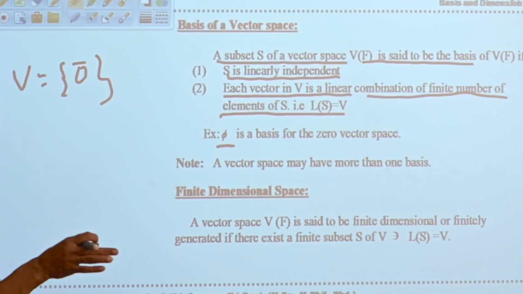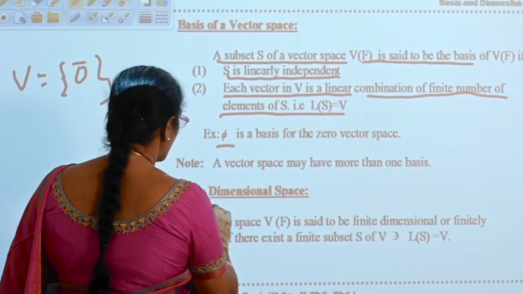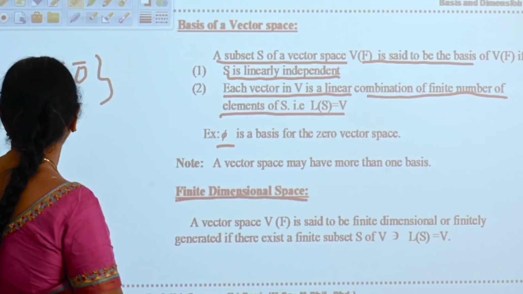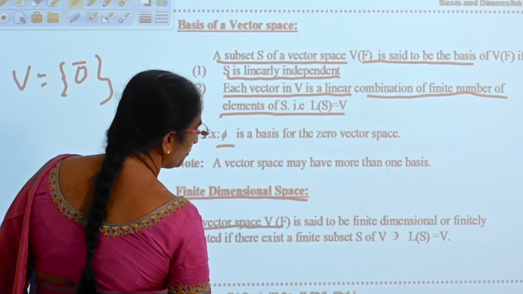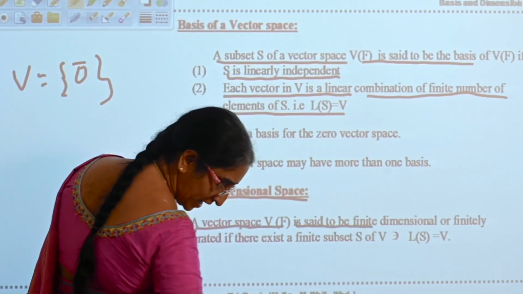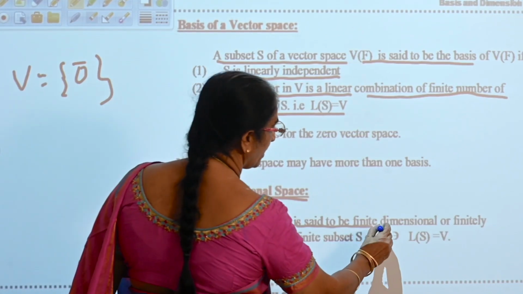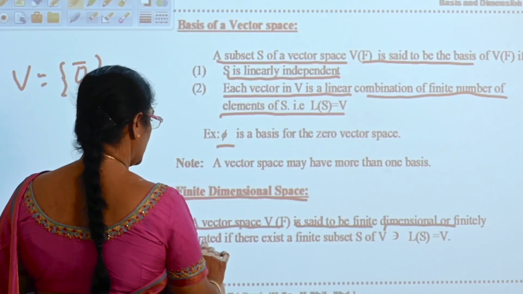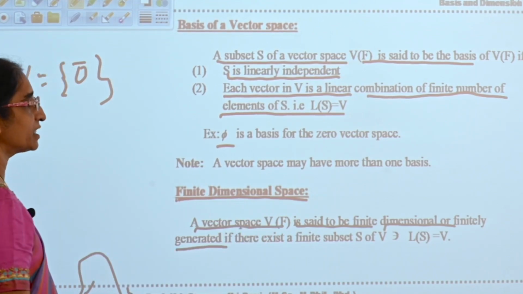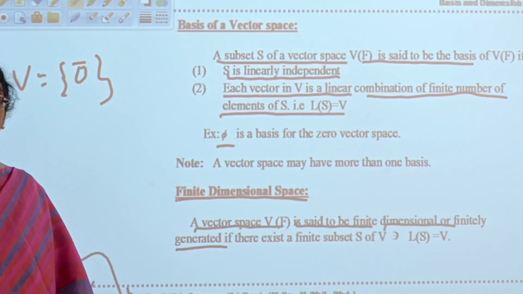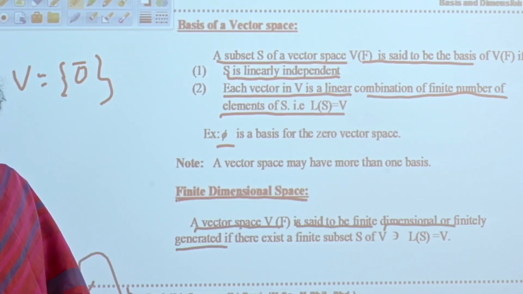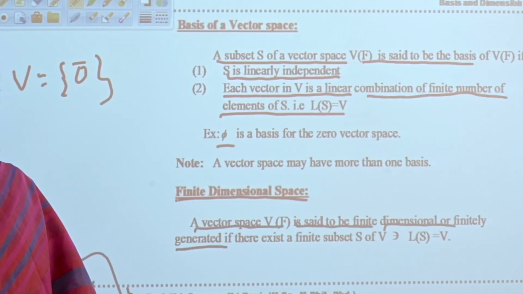Now when will you say finite dimensional vector space? A vector space V of F is said to be finite dimensional or finitely generated if there exists a finite subset S of V such that L of S is equal to V. What you have said already, dimension of a vector space, the number of elements in the basis set is finite.